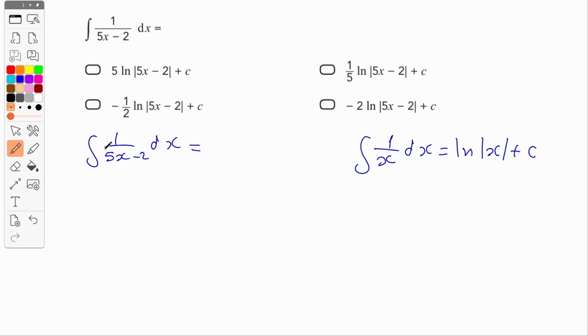You have to divide by this a, the coefficient of x. So we say 1 over 5 ln of the modulus of 5x minus 2 plus c. So it will be 1 over 5 ln of 5x minus 2 plus c, this one.